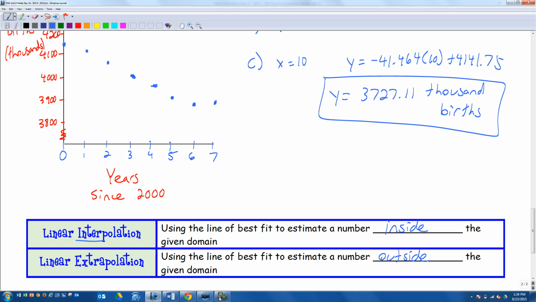Well, 2010 was not between 2000 and 2007. It is outside the data. So what we did up here was linear extrapolation. Okay? So that was what we did because 2010 is outside of the data. Okay, so that is linear line of best fit and correlation, linear correlation.